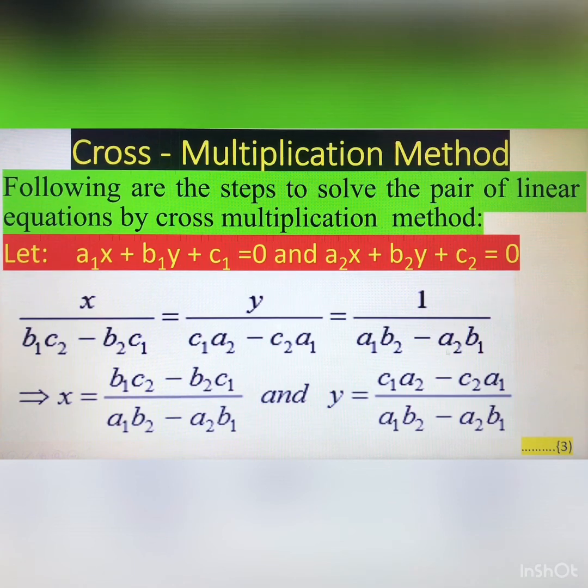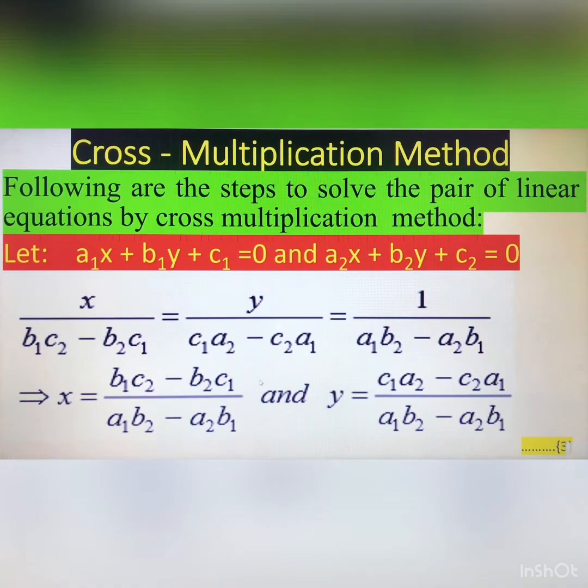And by comparing first and last, you will get x equal to this value, and the second and last you will get y equal to this value. This is equation number 3. It is not necessary to remember it.